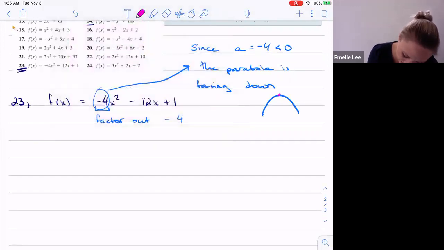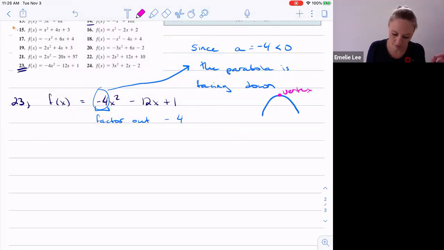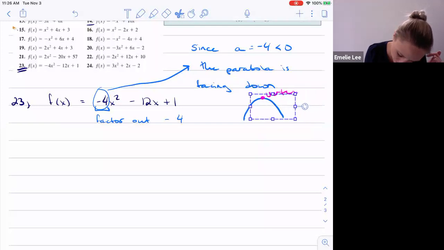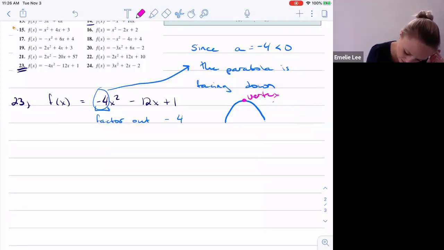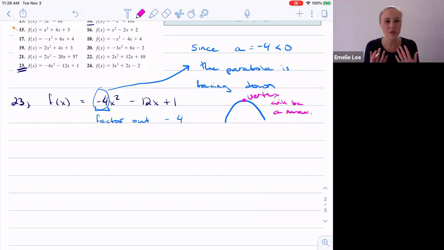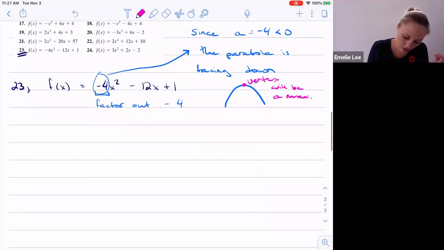So the vertex is going to be a maximum. There are a lot of things that we know just from this negative 4. Whatever a is tells us a lot. We're expecting the parabola to go downwards because it's negative, and therefore the vertex is going to be a maximum.